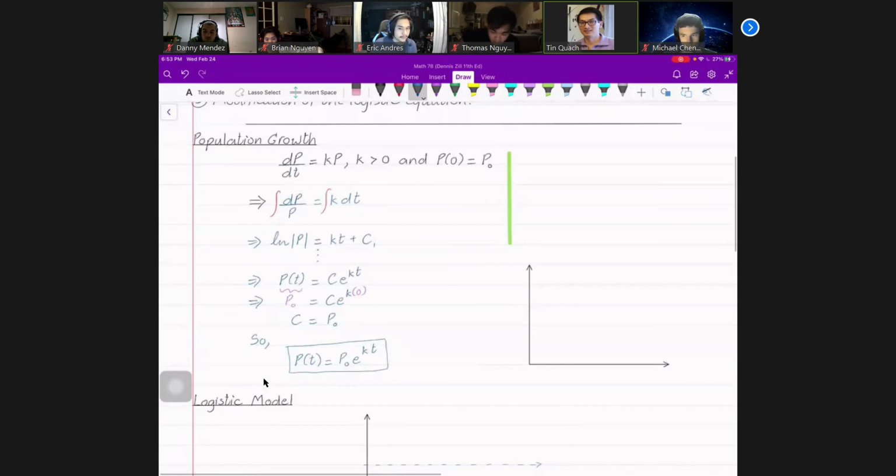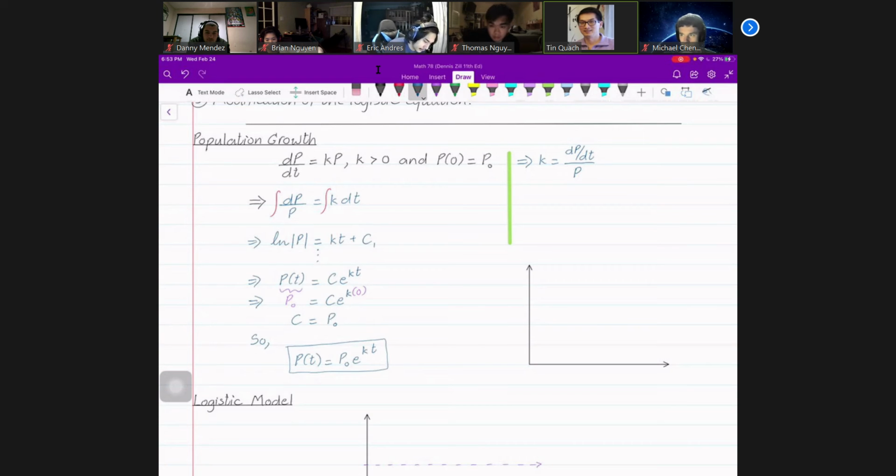Okay, let's go over here. From this differential equation, you know k is actually the derivative of p with respect to t divided by the population p.